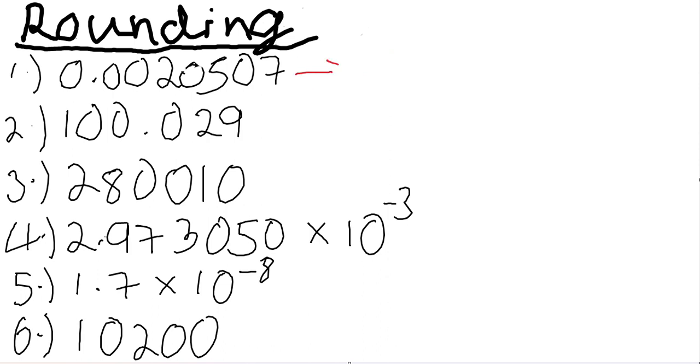Okay, so first one, from 5 sig figs to 3 less, making 2 sig figs, makes it 0.0021. Okay, we cut it up right there.